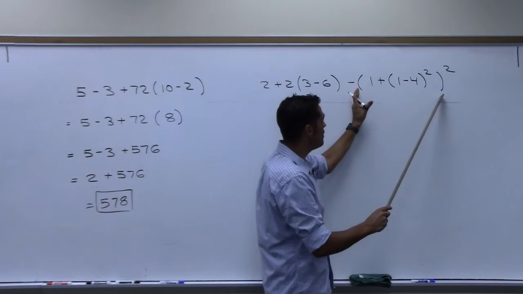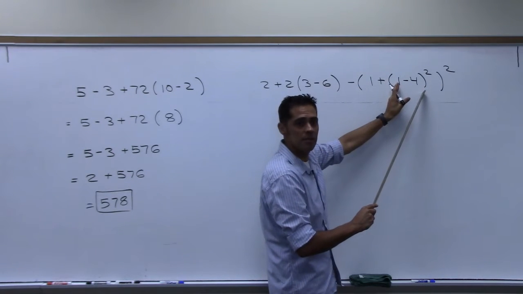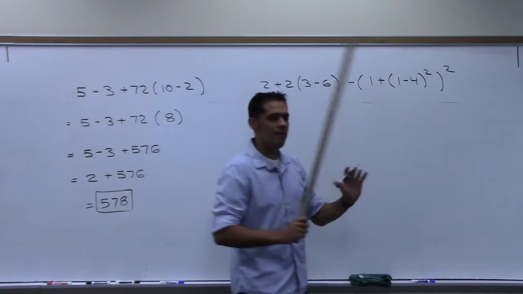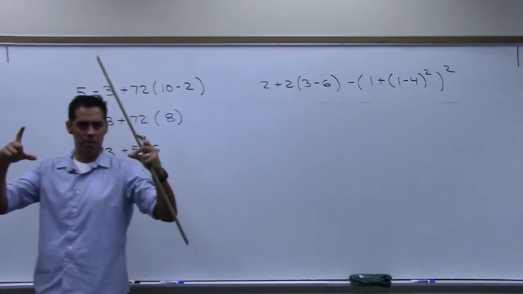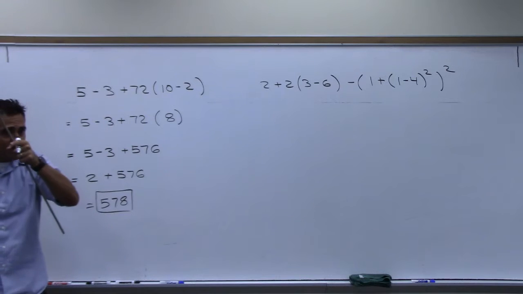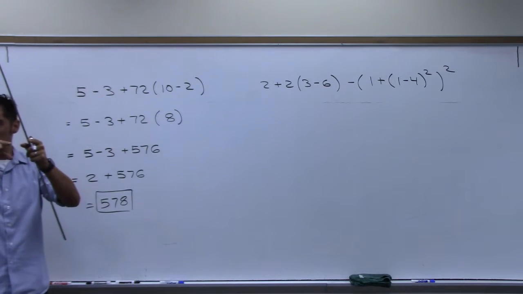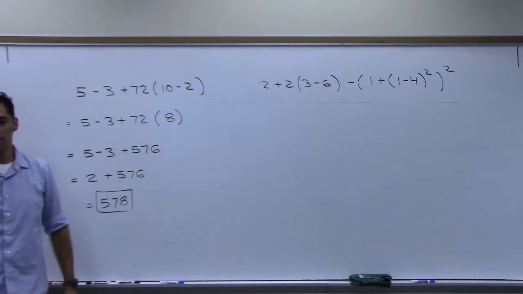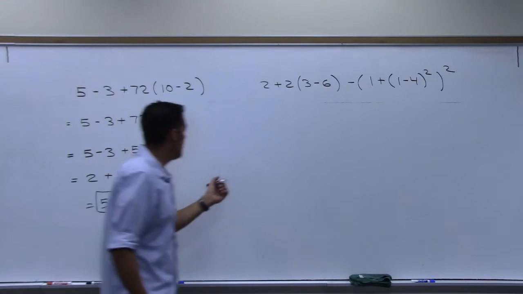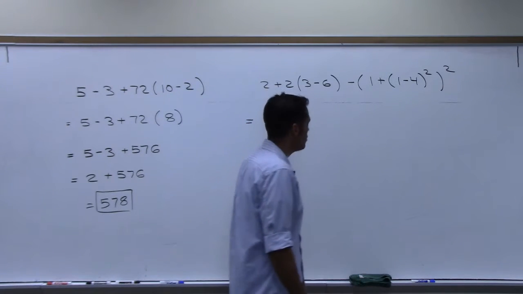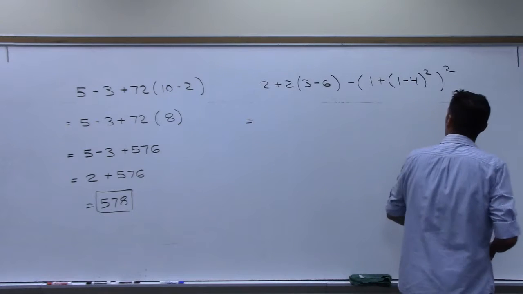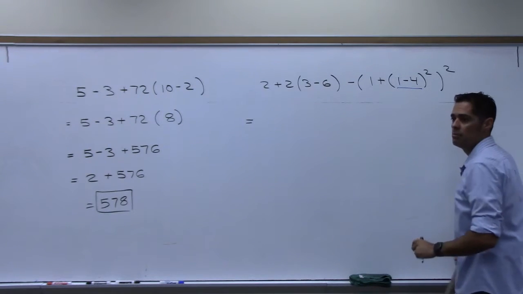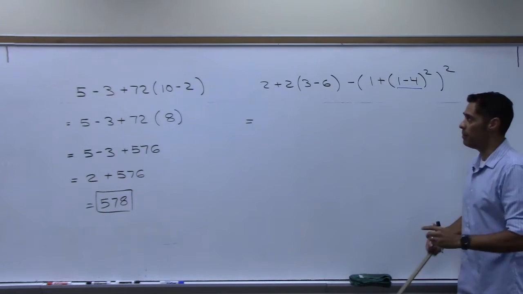But within that parentheses, there's another set of parentheses. So when you have clustered parentheses like that within each other, you always go inside to the one that's buried first, and you do that one first. So if I were going to be following correct procedure here, I'm actually going to do that first. All right? That's what I'm going to do.